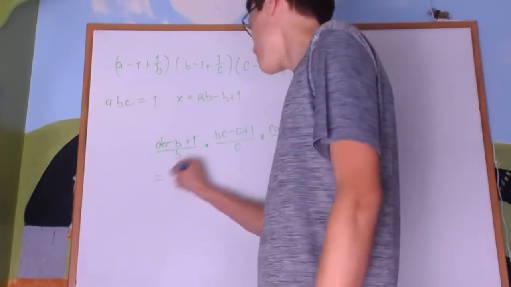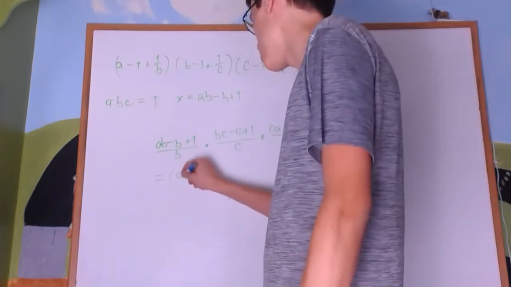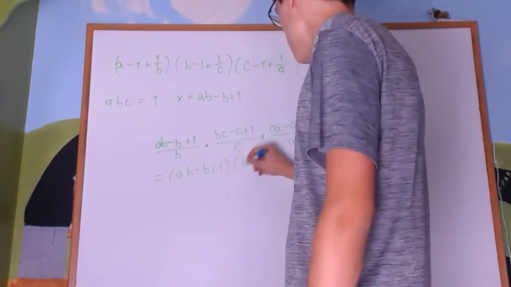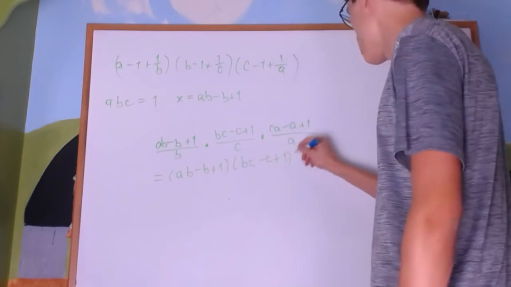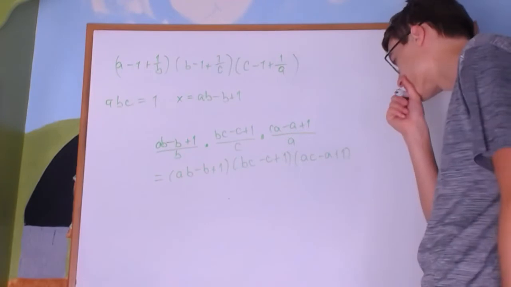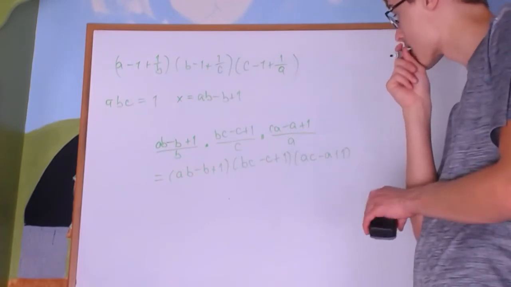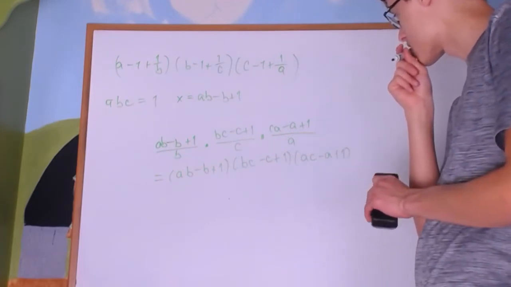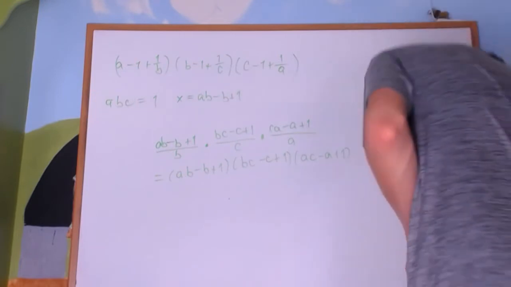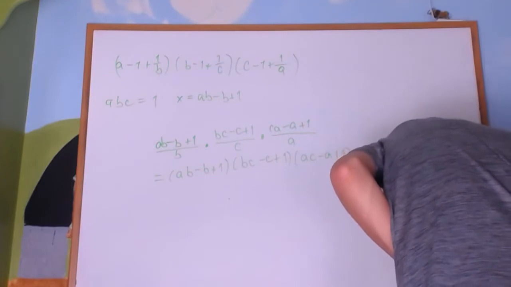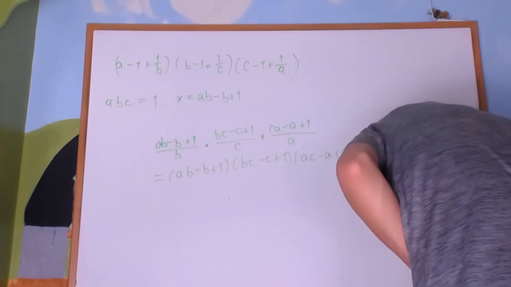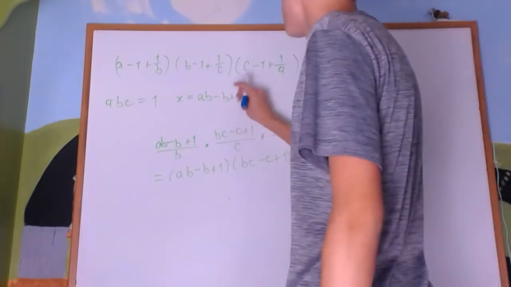So the bottom goes to 1, which is what I saw. AB minus B plus 1. BC minus C plus 1. AC minus A plus 1. So X equals 1.